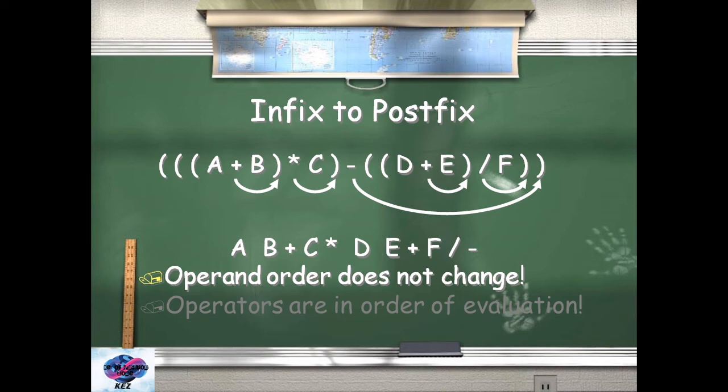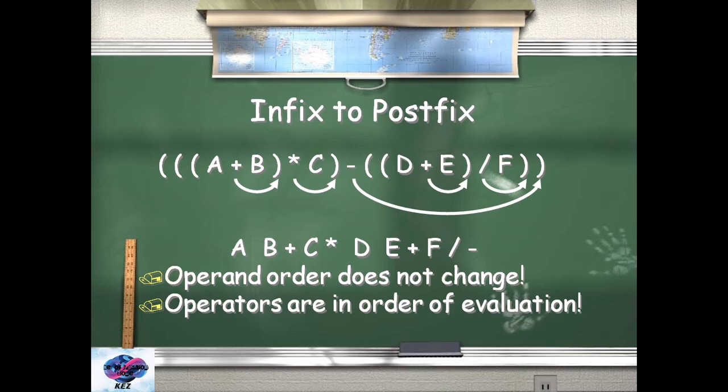So what we have to write: A B plus C multiplication, D E plus F division, and subtraction, that is the minus sign. So here the operands' order doesn't change and the operators are in the order of evaluation. So you are able to get infix to postfix. I think it is very clear now.